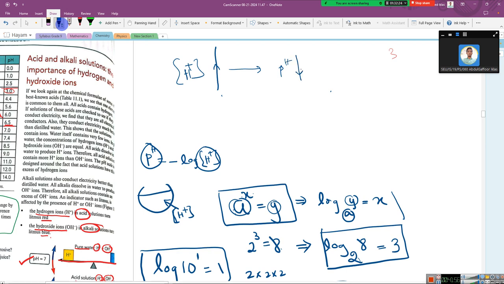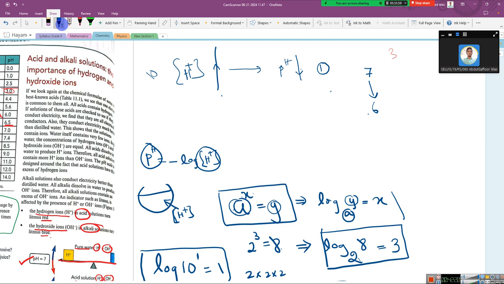Now if pH decreases by 1 unit, now let's say from 7 it becomes 6, in that case the H plus should have been increased by how many factor? By 10 times. If this increases by 10 times only, the pH will decrease by 1 unit. So this is like the rule.